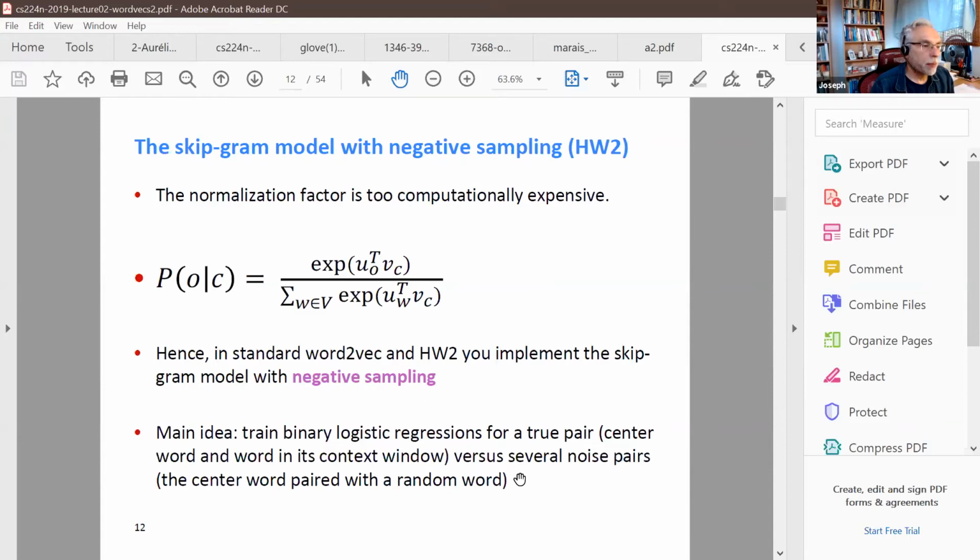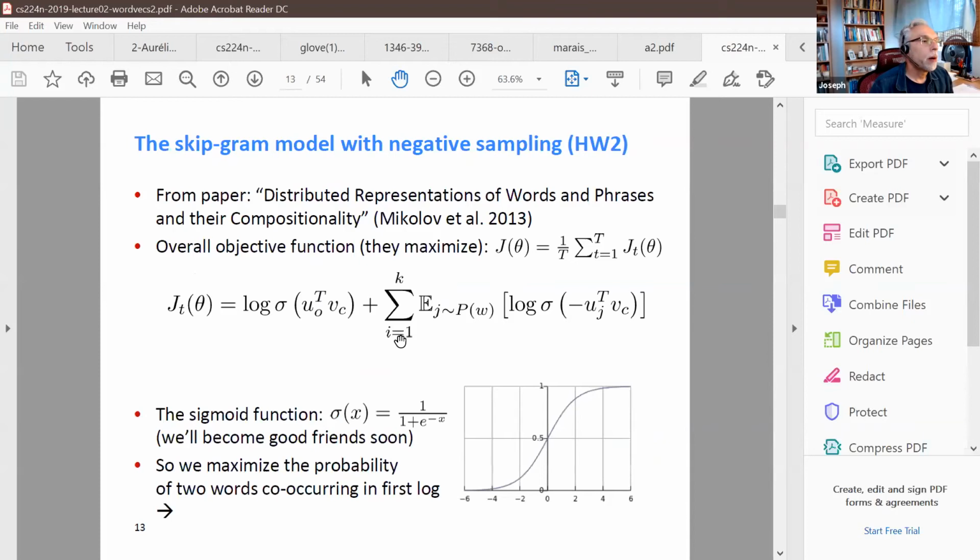The negative sampling is you add a bunch of noise pairs, that is the center word paired with a random word, which is much less likely to be a context word. So you just assume that when you pair the center word with a random word, its likelihood of being a context word is 0, even though every once in a while that might not be true, but on the whole it works out. Okay, skipgram model with negative sampling.